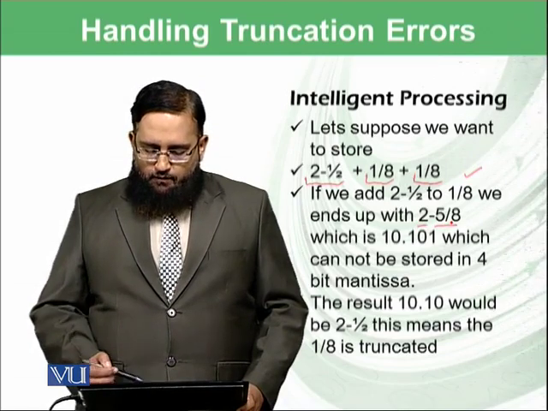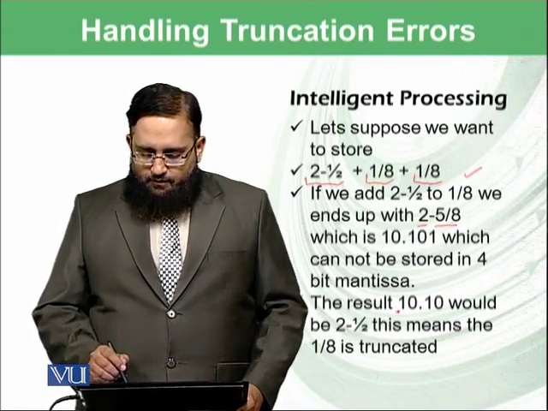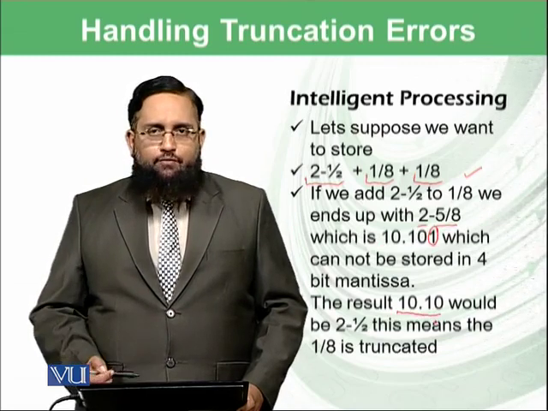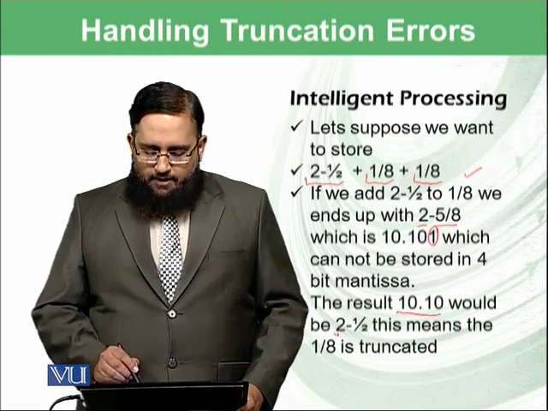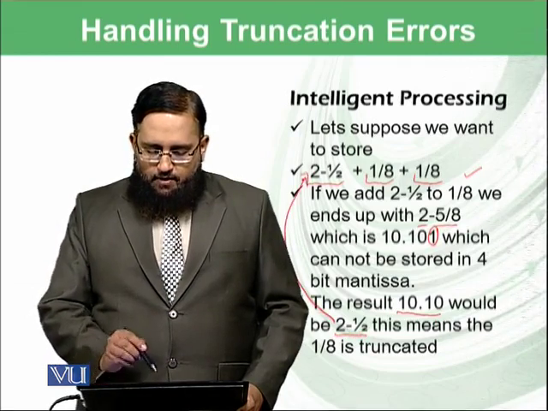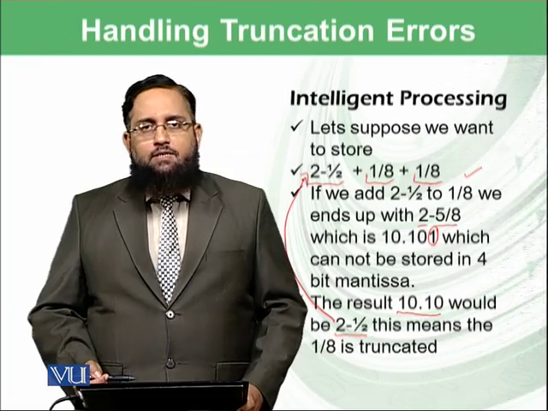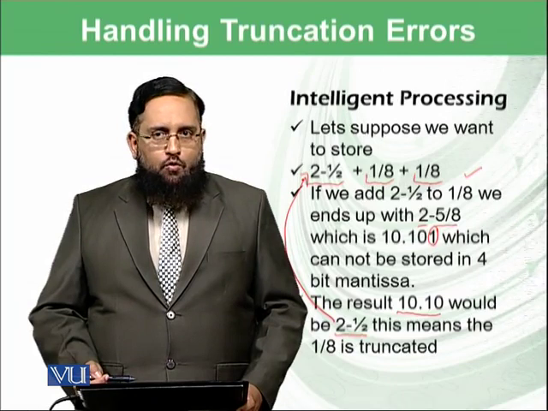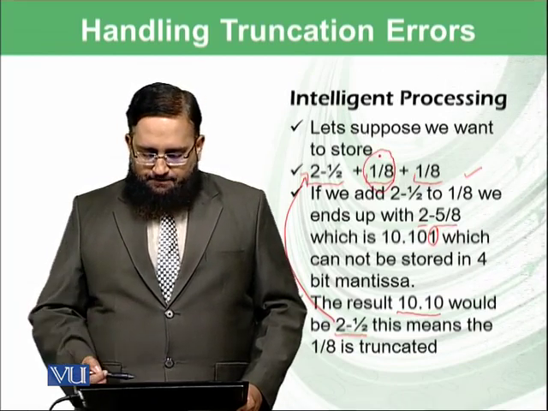So actually we will remain with 10.10, because the last bit will be lost. If 10.10 is stored, that remains 2 whole 1 by 2. This means whatever we wanted to add of 1 by 8, that addition has not taken place, and we are left with the same number 2 whole 1 by 2, and this 1 by 8 has been truncated.